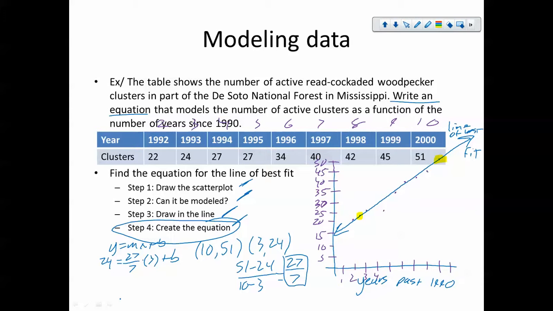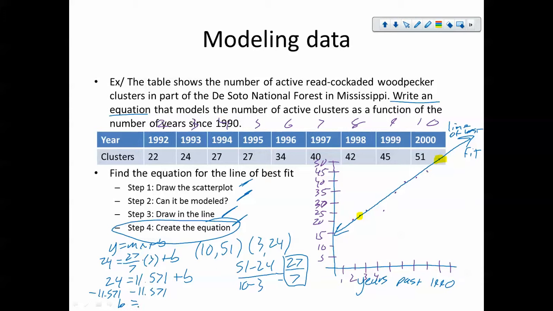So 27 divided by 7 gives us this ugly number, times 3 gives us 24 equals 11.571 plus b. And then I'm going to subtract that. 24 minus 11.571, because we're subtracting 11.571 from both sides.